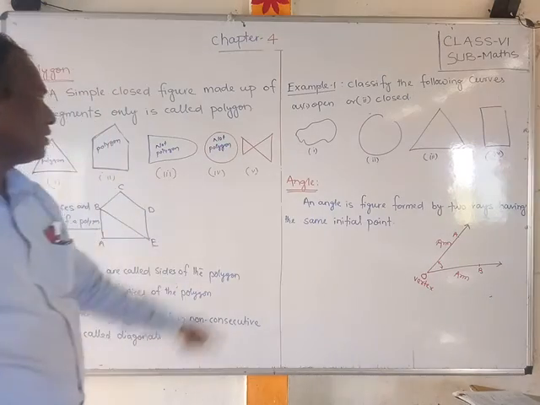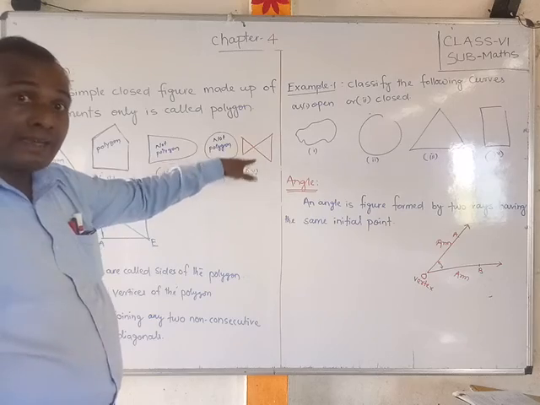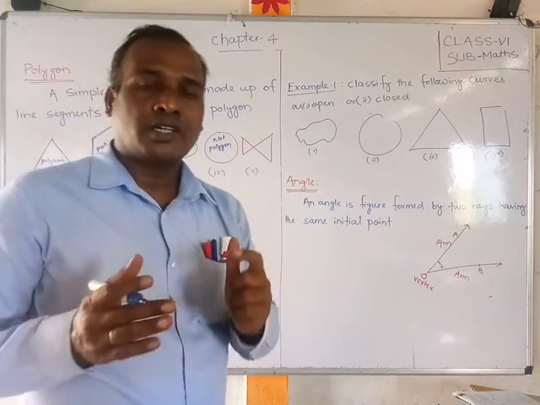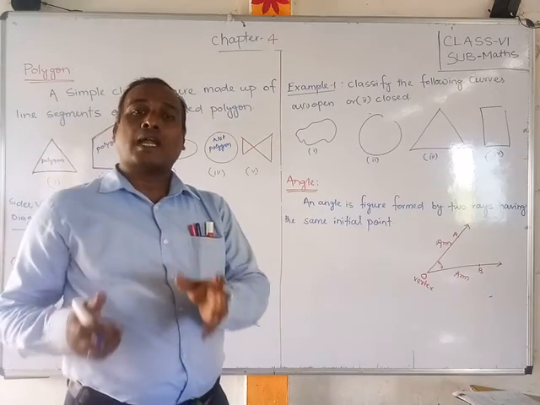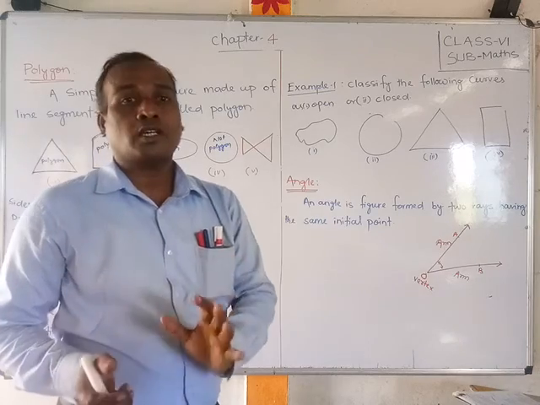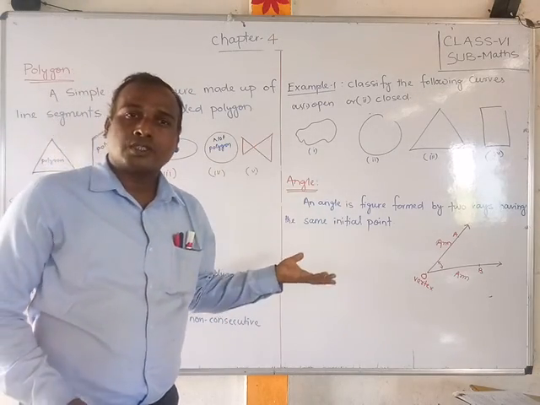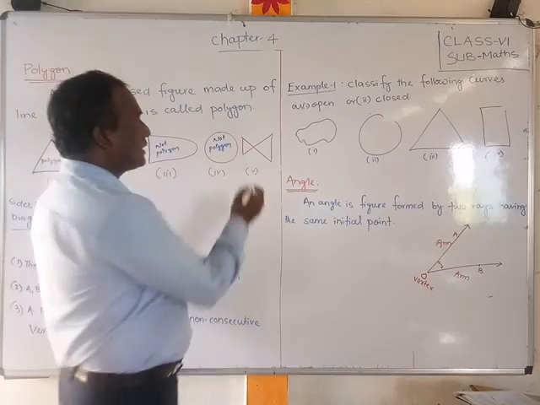Observe here, students, this one is different. It is a closed figure and it is made of line segments, but it is not a polygon. Why? I told you a closed figure made of line segments is called a polygon. But here, although it is made by line segments and is a closed figure, it is not a simple closed figure because it intersects here.